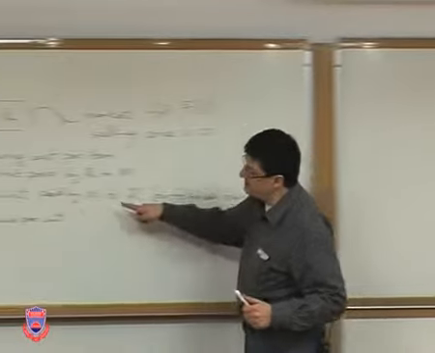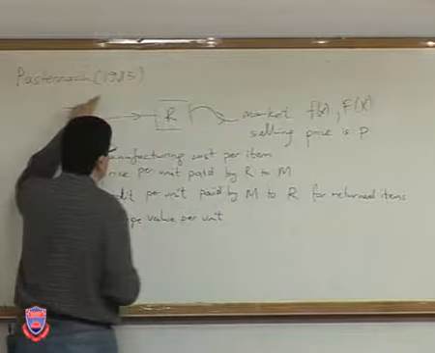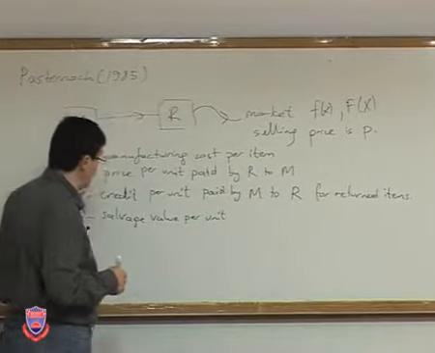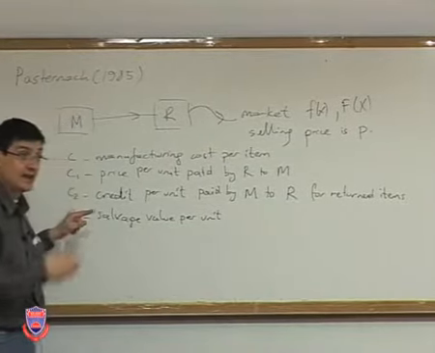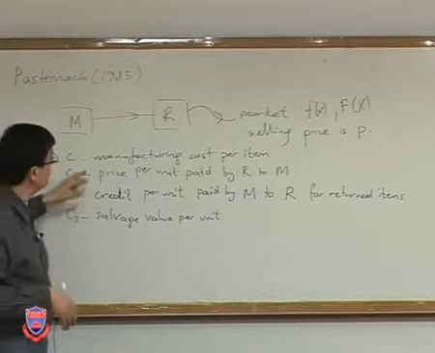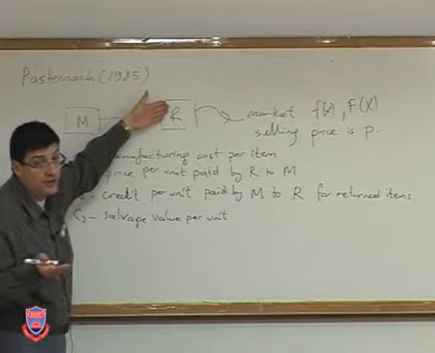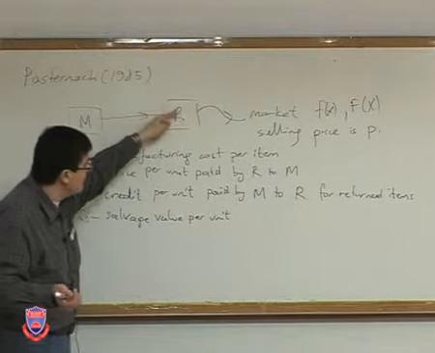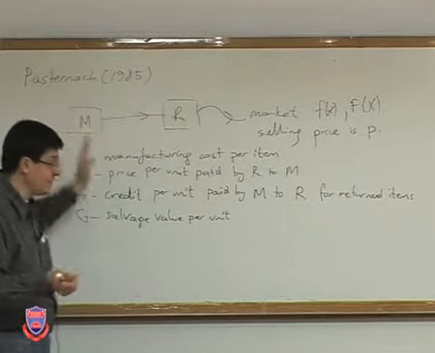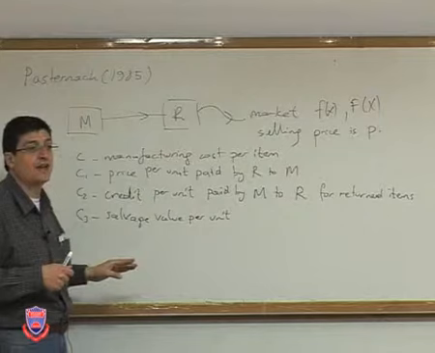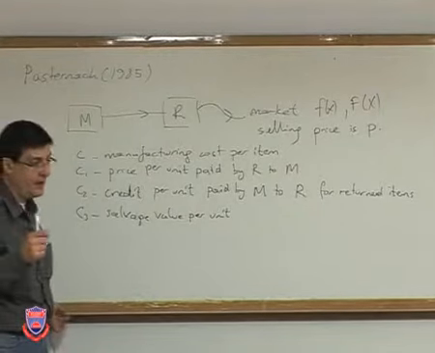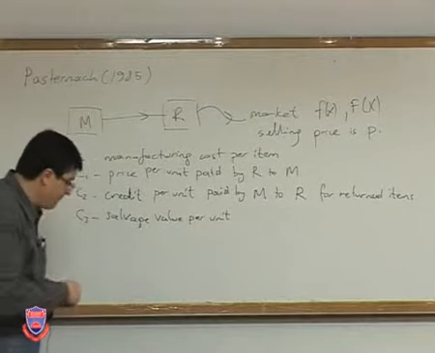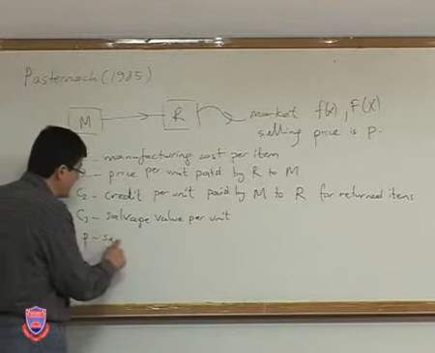So C2 is the credit that the manufacturer pays to the retailer for any returned items. And moreover, R may not return any items or may not be allowed to return any items. If there are leftovers in the system, this is the salvage value that they get out of it per unit. Now, P is the selling price.